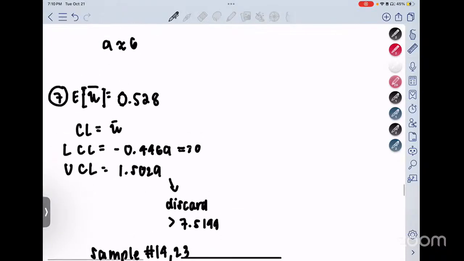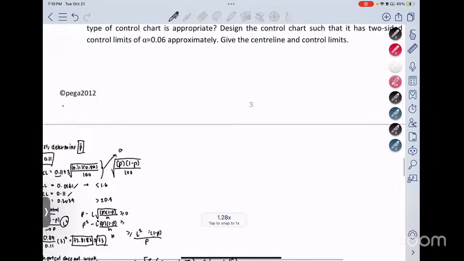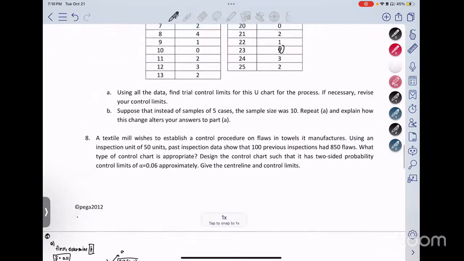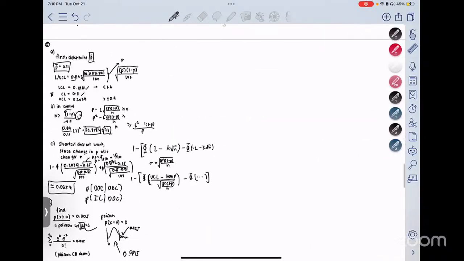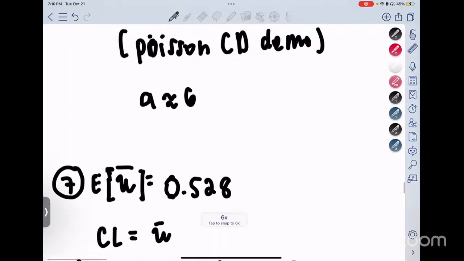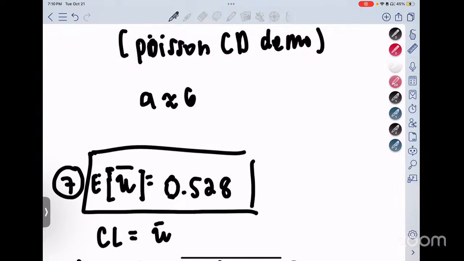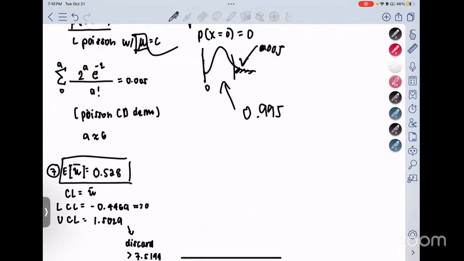So this is our process of making a U chart. The center line is just the U bar. First, we just have to find the average. Essentially, you get the U bar from each and then you divide it.